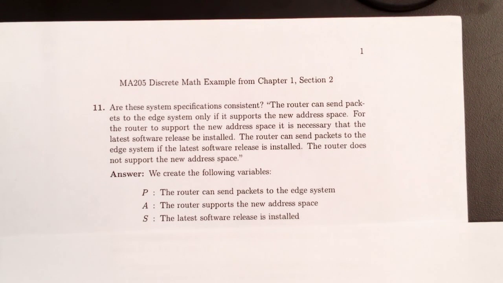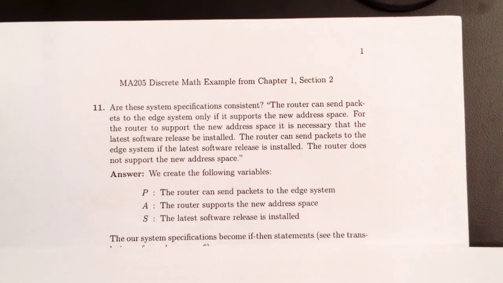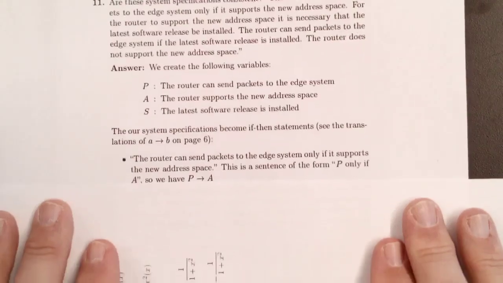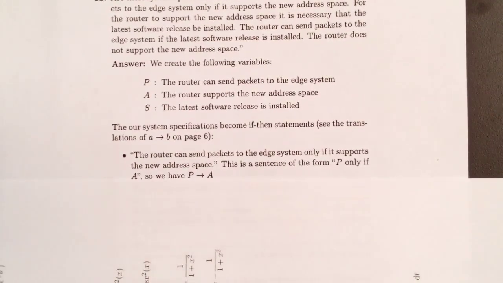So what is the appropriate statement in symbols for that? P arrow. Well, let's finish it. It supports the new address space. P arrow A. Beautiful. P arrow A.